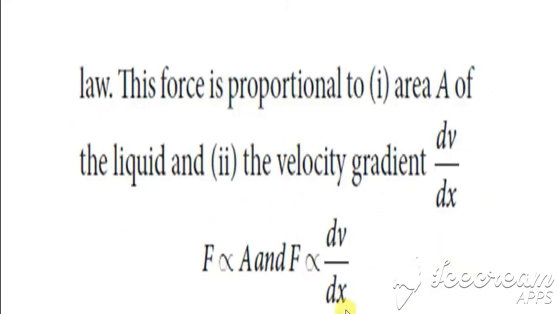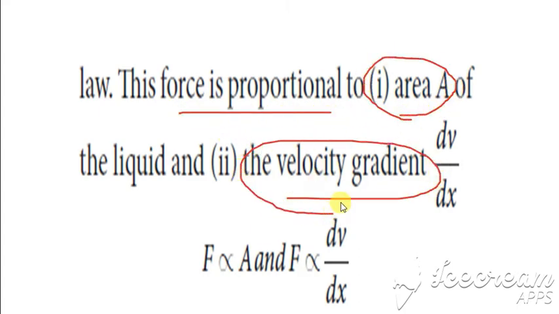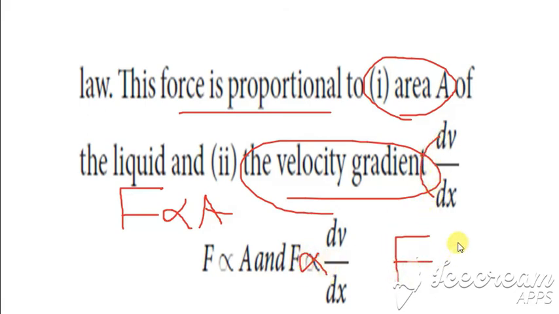For this, to find the coefficient of viscosity, the force of viscosity between the two layers is proportional to the area and to the velocity gradient. So F is proportional to area first, and next proportional to the velocity gradient dv by dx. Combining both, F is proportional to A into dv divided by dx.